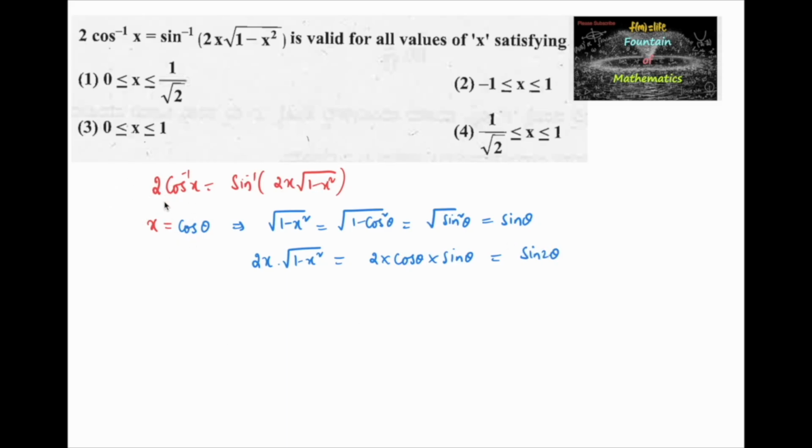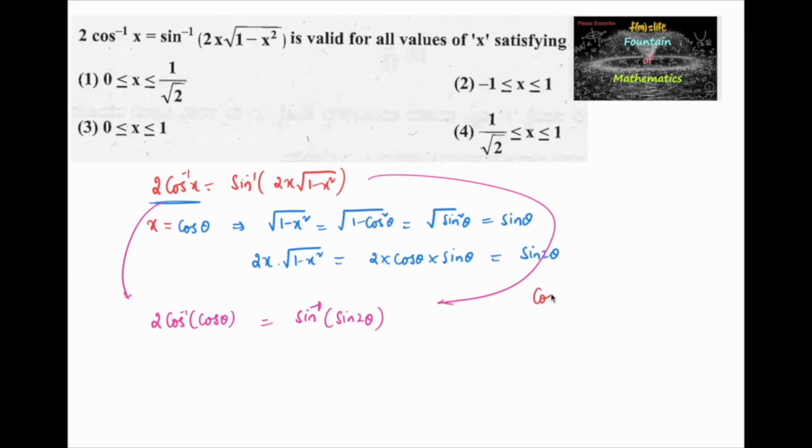So that we can write 2 cos inverse x, that is 2 times cos inverse of cos theta, and the other side sin inverse of sin 2 theta.